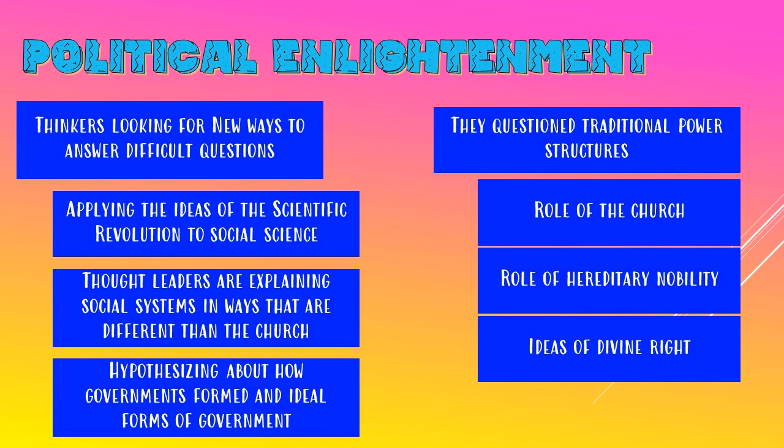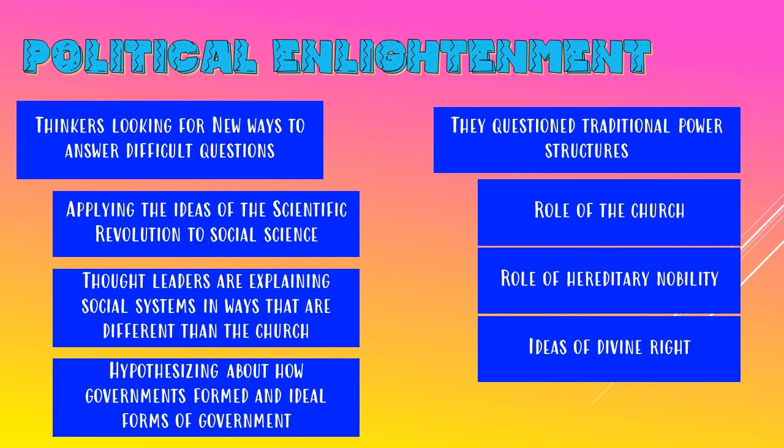And so the scientific revolution brought about a process of coming up with a hypothesis and trying to test things and using reasoning and logic to answer questions for things that had previously just been explained by the church. And so these philosophers and these thought leaders are explaining social systems in ways that are different from the church.